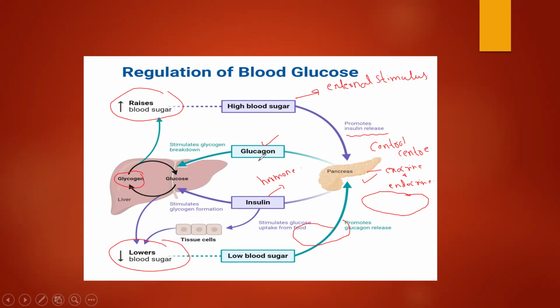Glucagon is a hormone which is released from the pancreas and reaches the liver and converts the glycogen into glucose, the simple form. And now this glucose is released directly into the bloodstream and reaches all body cells where it is required.